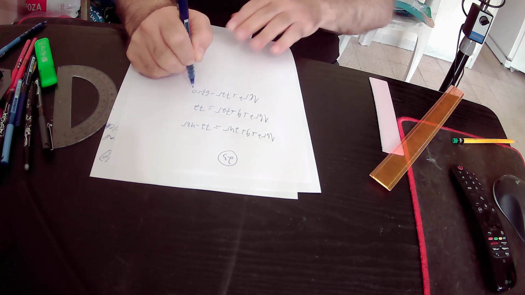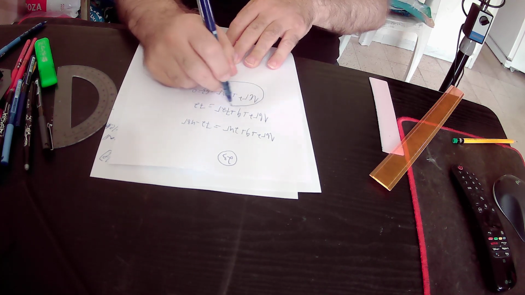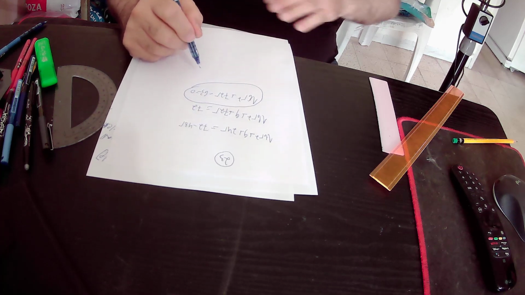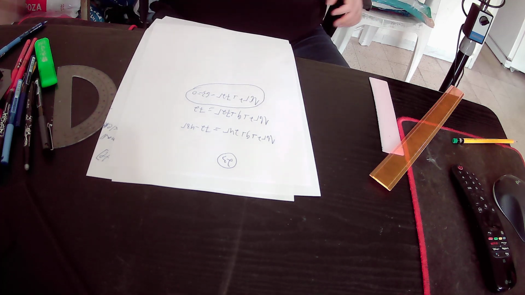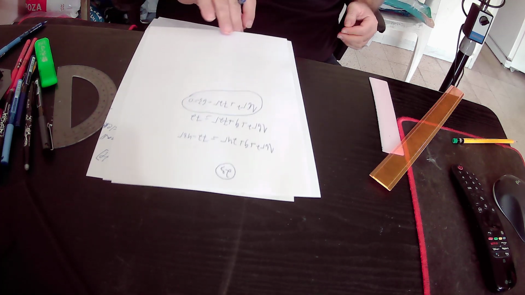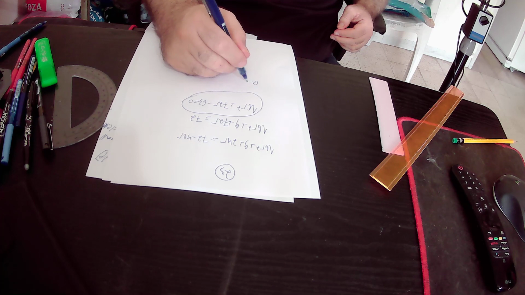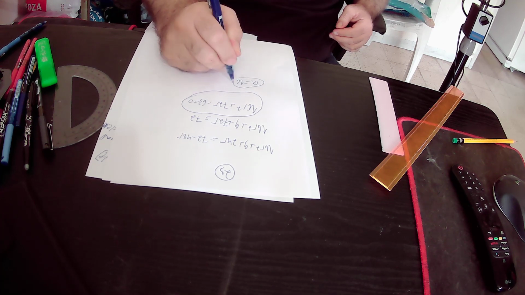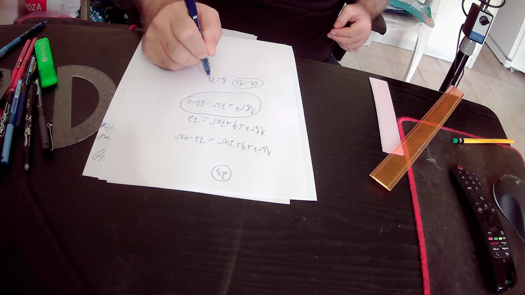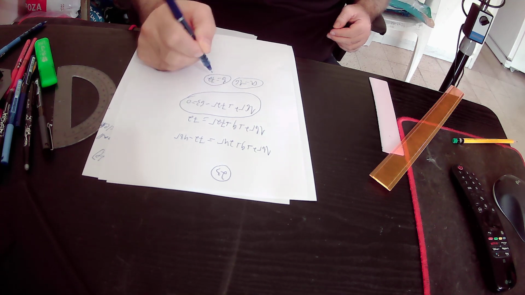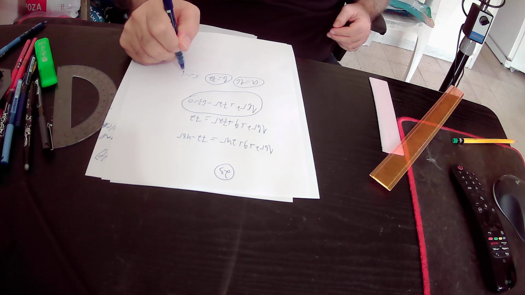So we have here a quadratic equation, and the coefficients of this quadratic equation are a equals 16, b equals 72, and c equals minus 63.